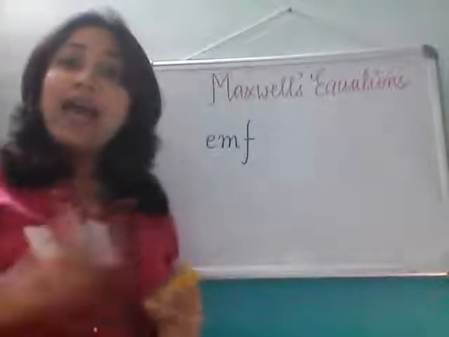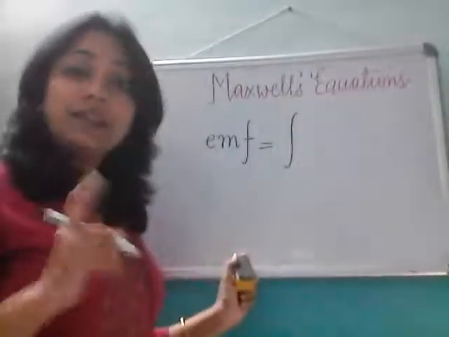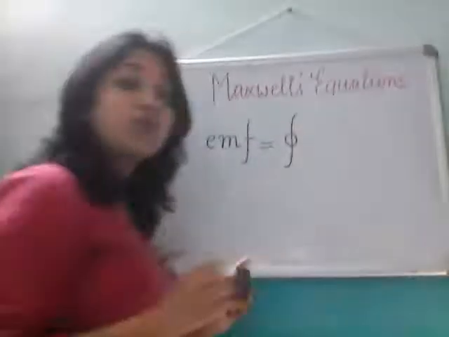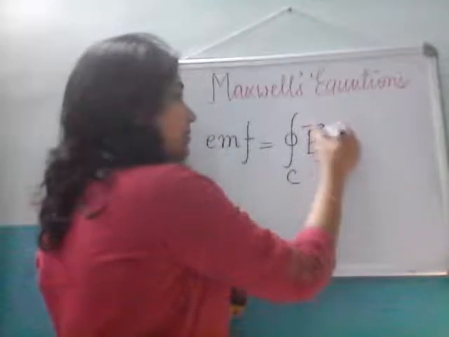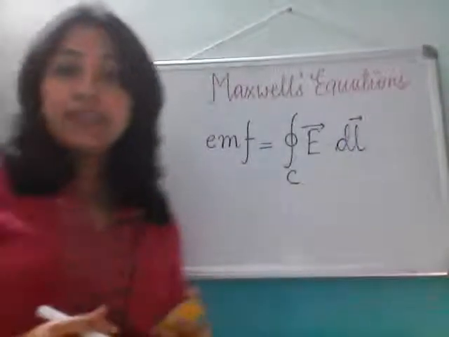And obviously there will be some voltage as well. Now this EMF can also be written as a line integral, this time over a closed contour. Let me first write it down and then I will explain this to you.